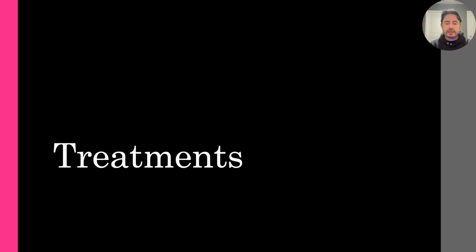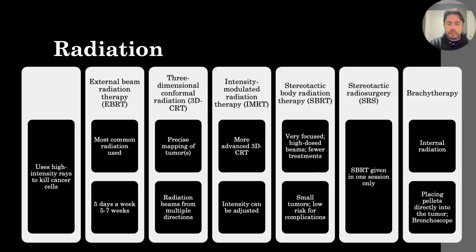So when we get into the treatments of this, we already started kind of talking about it with the surgical interventions, some of the chemo, some of the radiations, and I kind of just highlighted some of those radiations, and we're going to jump into those a little bit more. So these radiations, these are the EBRT, the 3D CRT, the IMRT, SBRT, the SRS, and what's called brachytherapy.